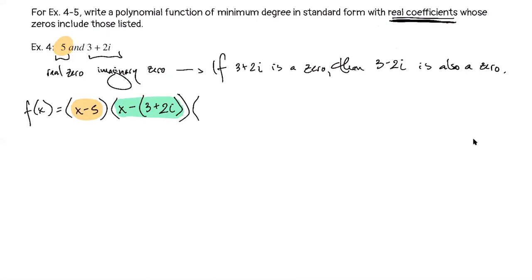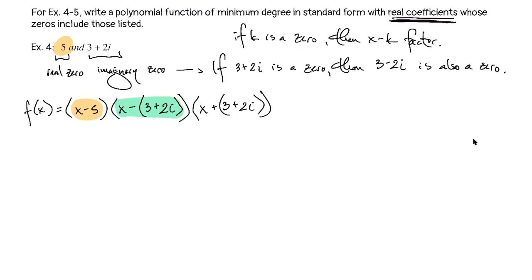No. It's not x plus 3 plus 2i, okay? Anytime we want to find the factor, if k is a 0, then x minus k is the factor, right? So Michelle, when you did x plus, that plus right there means you're not following the factor theorem.